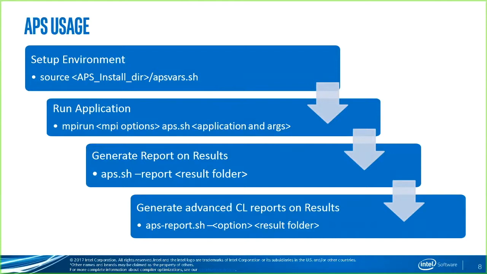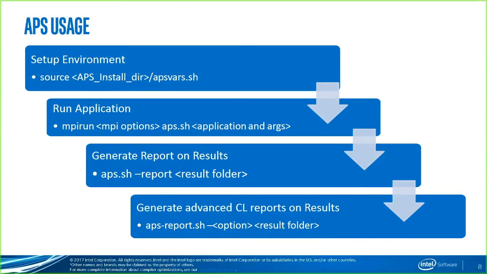By default, APS will create a folder in the directory where it was launched, but you can also specify the directory through a special option, -r, followed by the path to the directory. I think that's important when you run it through a job scheduler.